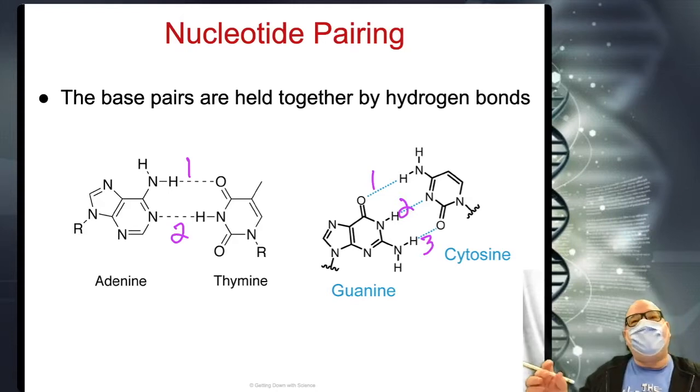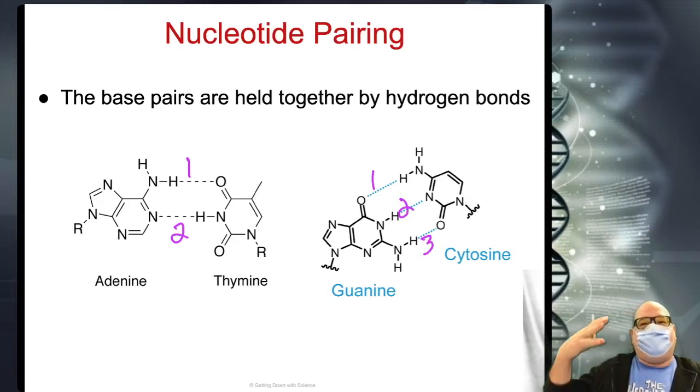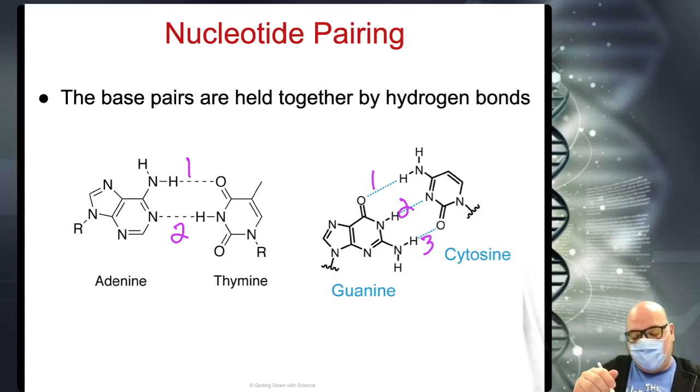Okay, one set used 2, the other set used 3. Guys, this is one way that DNA sort of builds itself in that very regular fashion. You don't want to have a T and a G match up, and they won't match up because one set of them is 2 hydrogen bonds and the other one is 3 hydrogen bonds.